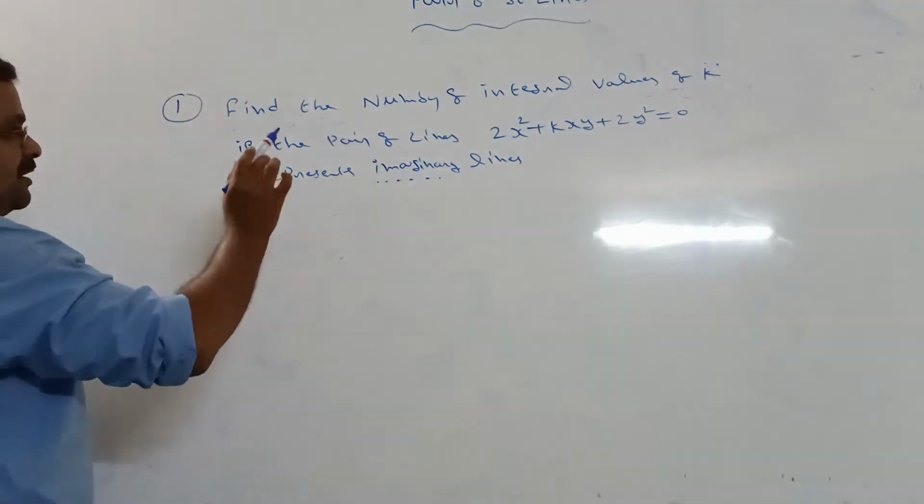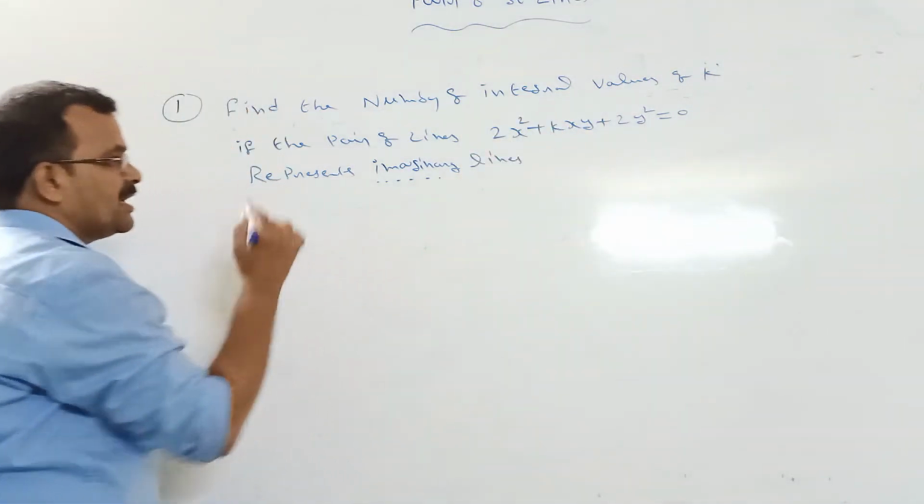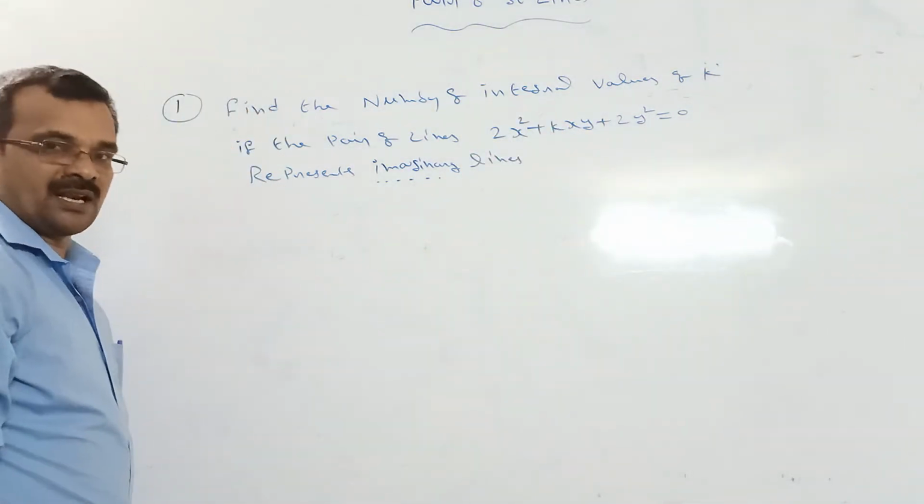How many integer values of k? The given pair of lines represents imaginary lines.